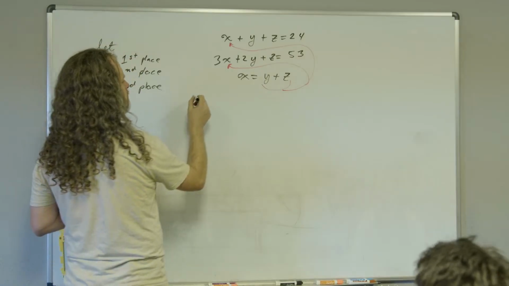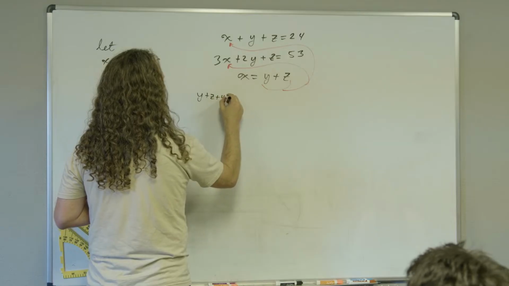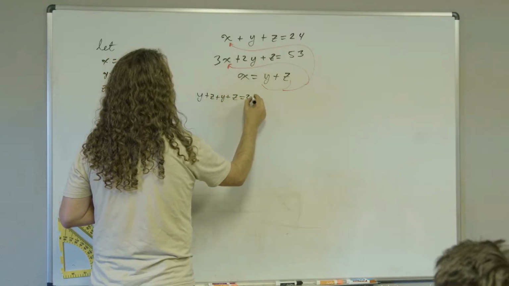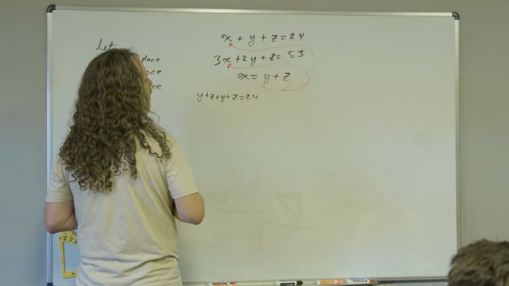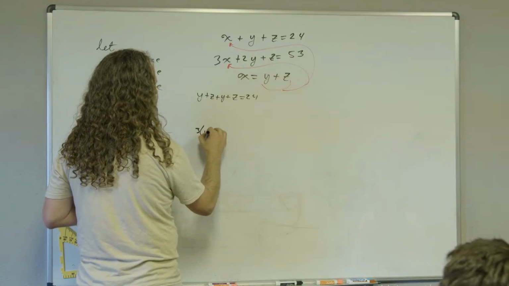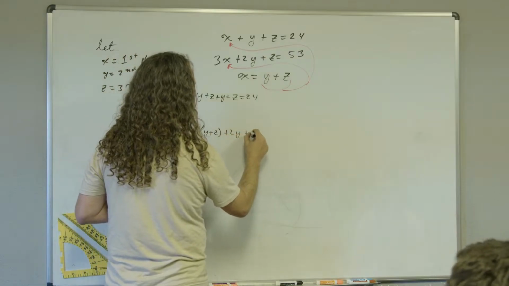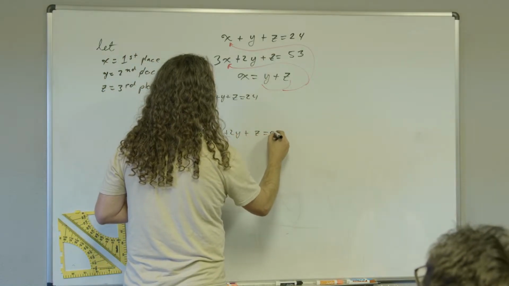So y plus z plus y plus z equals 24. And 3 times the quantity y plus z plus 2y plus z equals 53.